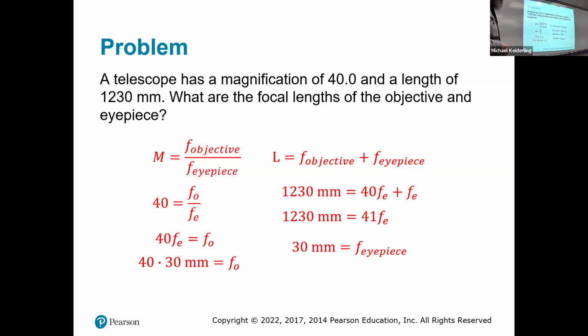And the focal length of the objective is going to be 40 times 30 millimeters, or 1,200 millimeters, or 1.2 meters. So the focal length of the eyepiece is 30 millimeters. The focal length of the objective is 1,200 millimeters.